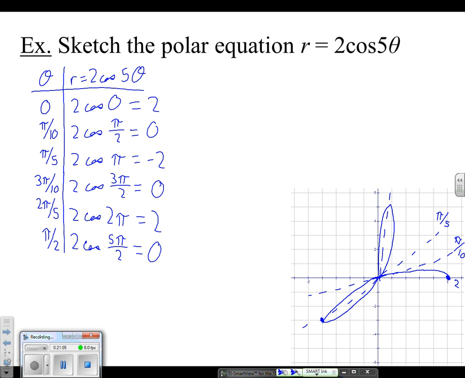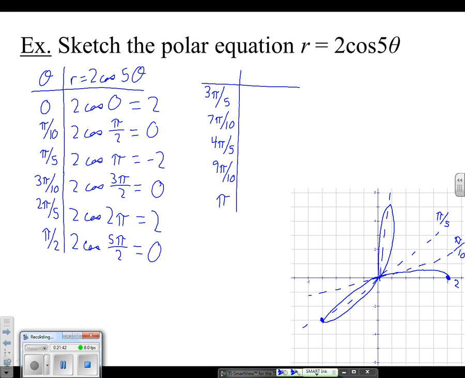All right, let's keep going here. I'm going to continue the chart over here. And I'm just going to observe that my angles are 0, pi over 10, 2 pi over 10, 3 pi over 10, 4 pi over 10, 5 pi over 10. So the next one's 6 pi over 10, 7 pi over 10, 8 pi over 10, 9 pi over 10, and then 10 pi over 10, which would just be pi.